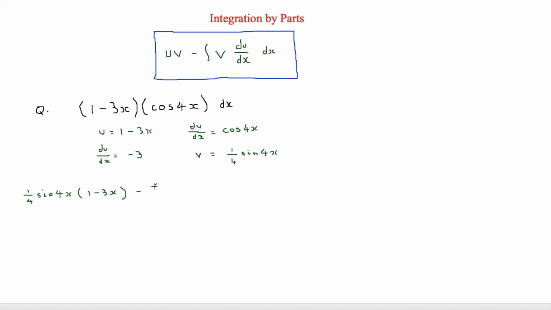Then we have to minus the integral of v, so a quarter sine 4x, times by du over dx, so minus 3. And that's why it has to go to a constant, otherwise we would have to do another integration by parts. And we will look at an example where this doesn't necessarily go to a constant and we have to do it twice. But this time it is a constant, so therefore we're doing minus 3 over 4 sine 4x.